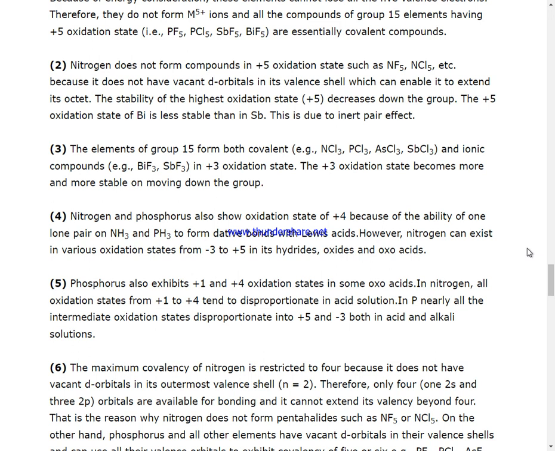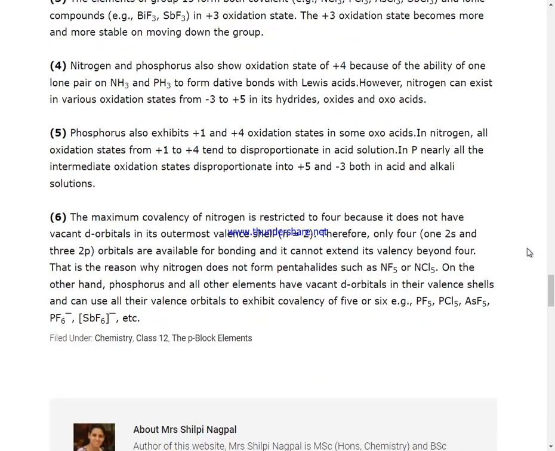Nitrogen and phosphorus also show oxidation state of +4 because of the ability of the lone pair on NH3 and PH3 to form dative bonds with Lewis acids. However, nitrogen can exist in various oxidation states from -3 to +5 in its hydrides, oxides, and oxoacids.